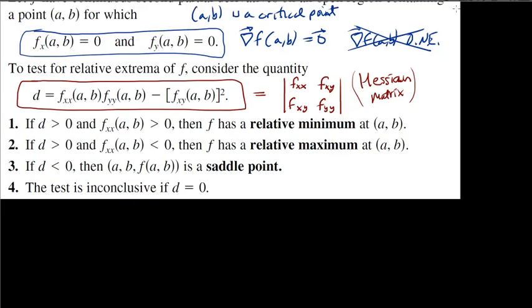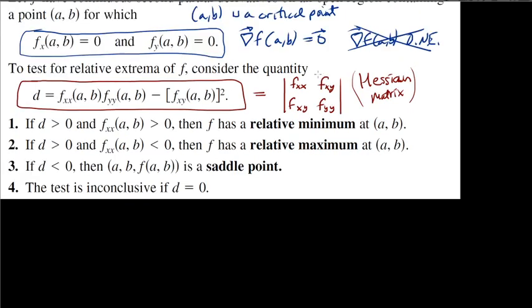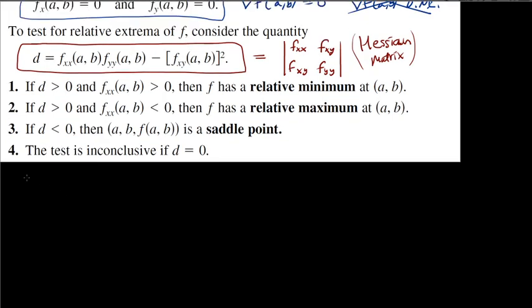So you just multiply the diagonal, fxx times fyy, minus fxy squared. In order for the graph of this function to have a maximum or minimum, D has to be positive. So if D is positive, then you're guaranteed to have either a relative minimum or a maximum.